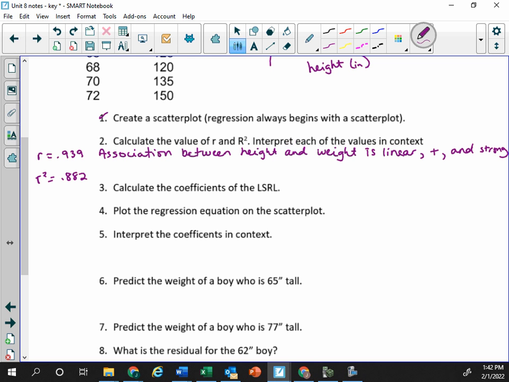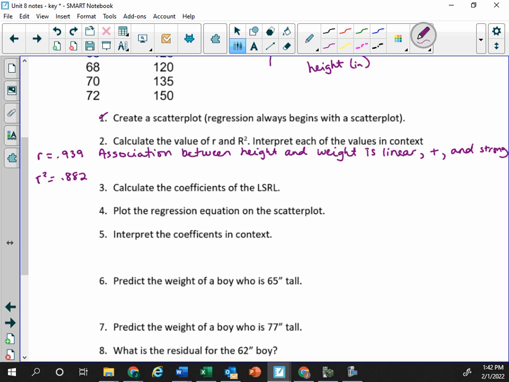Now, we can say it's linear also because we looked at the scatter plot and we said, yes, that's fairly linear. And also because that R value is pretty close to 1, a linear model makes sense. If your R value was like 0.17, that's a terrible model to use, okay? We don't want to use that to make any sort of predictions.